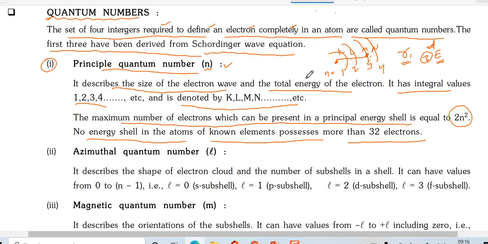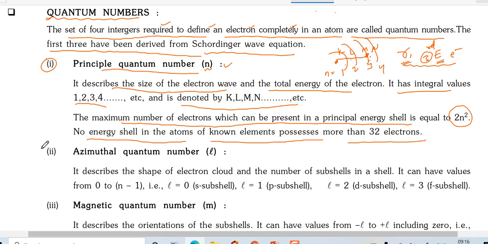These are the main pieces of information: how many electrons, what is the energy of that electron, how much distance from the nucleus. Then angular momentum you can find, and some other factors also, but these are the main things.